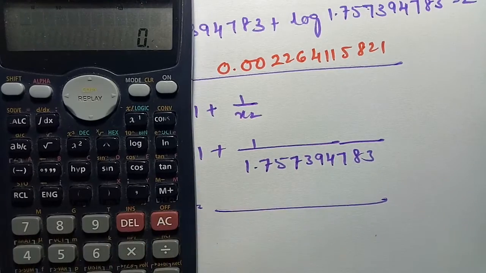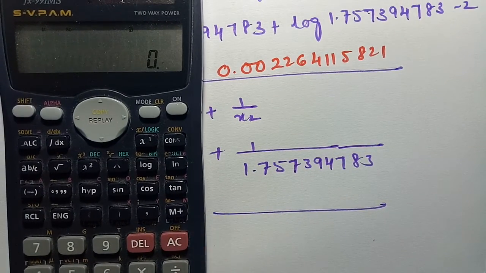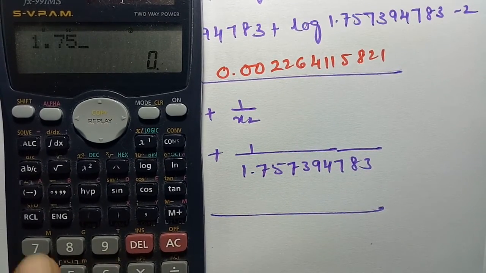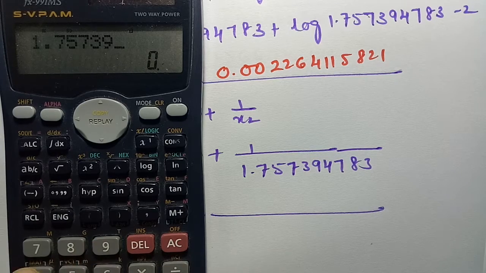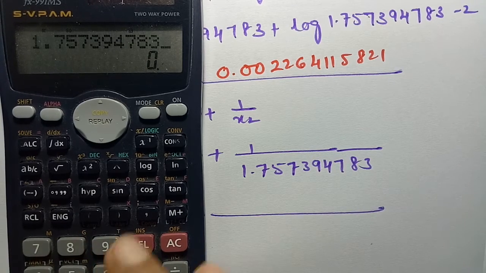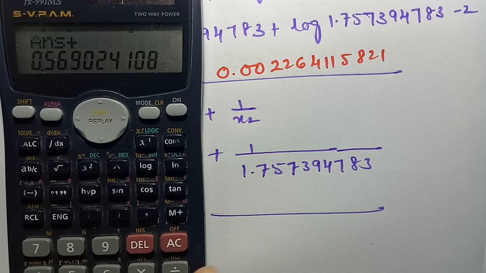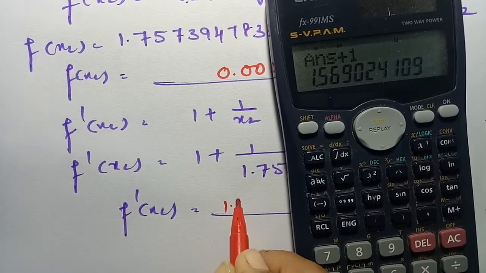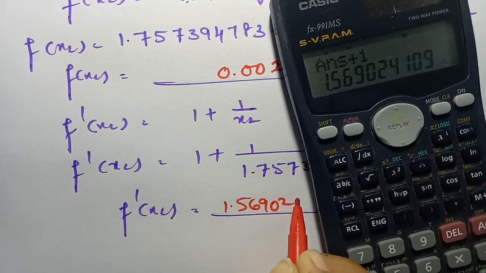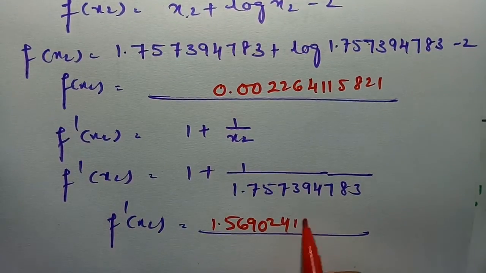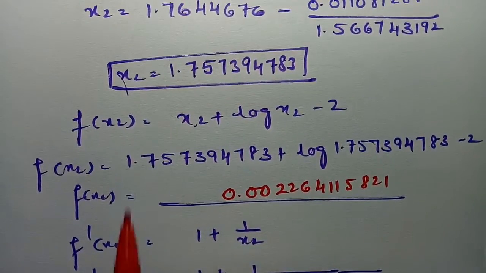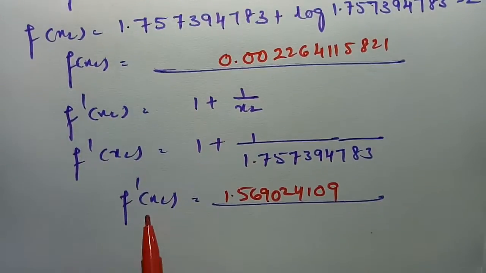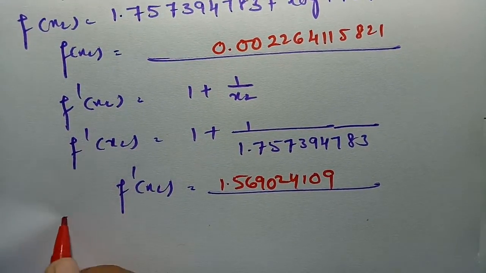And the next value is 1.757394783 inverse plus 1. So the value is 1.569024109.